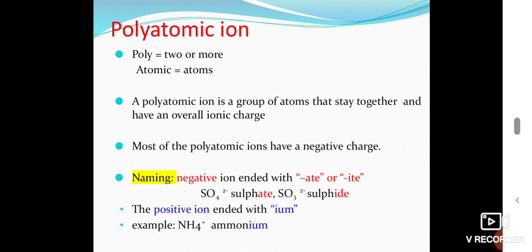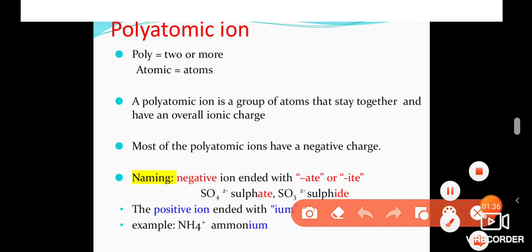Let us see the naming of polyatomic ions. A negative ion is endowed with the word ending ATE, ITE, or sometimes IDE also. Okay. So a negative ion ends with ATE, ITE, IDE.